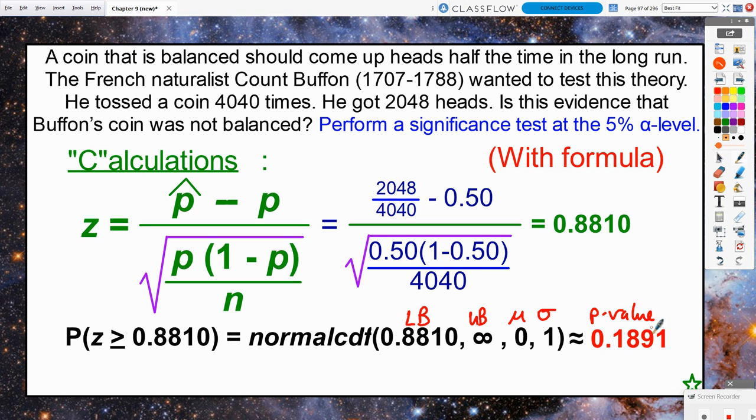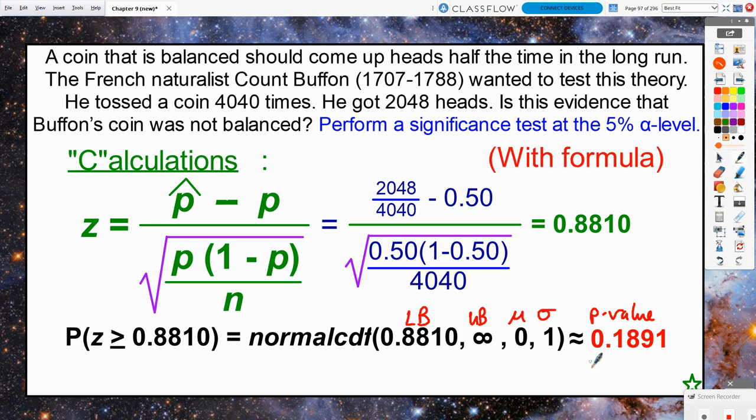It's almost 19%. But this is where we have to consider the alternate hypothesis and see that it was a two-sided test. This is just one of those things you have to go back and remember, and it's the most common thing that people forget to do if they do the calculations by hand.